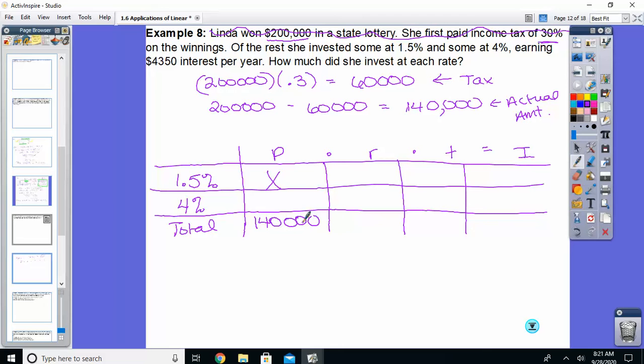Okay, let's just think for a second. If you have $140,000 and you give me $40,000, how much do you have left? $100,000. How did you get it? Subtract it. So if she had $140,000 and she put X in the first, what does she have left?